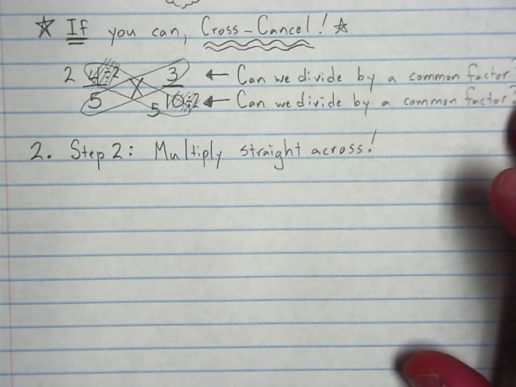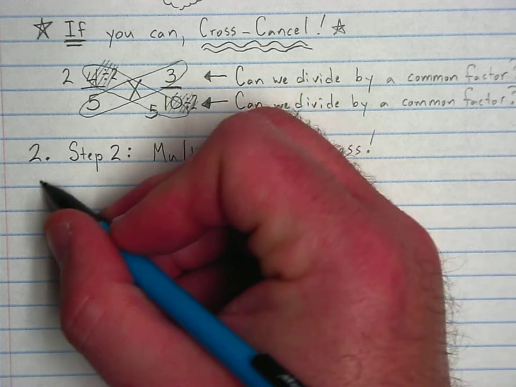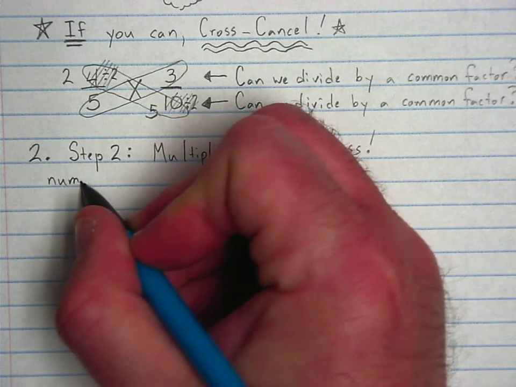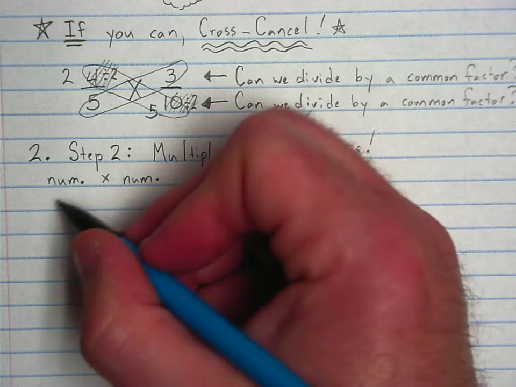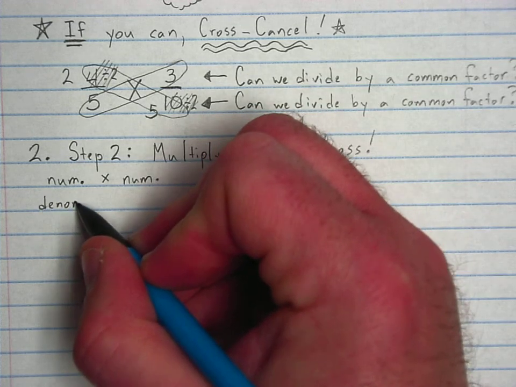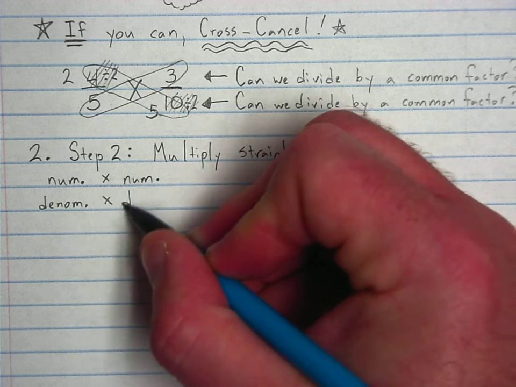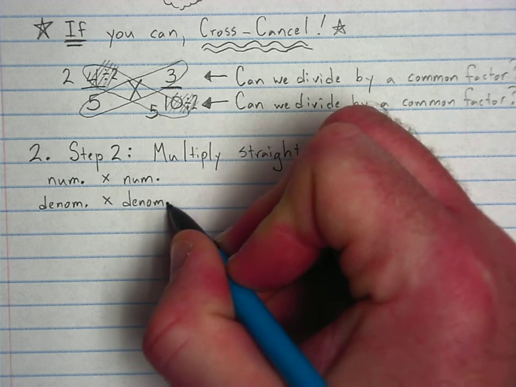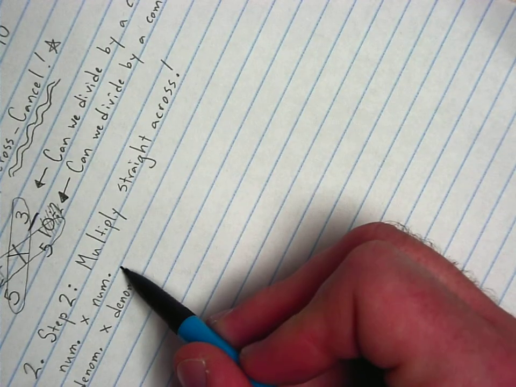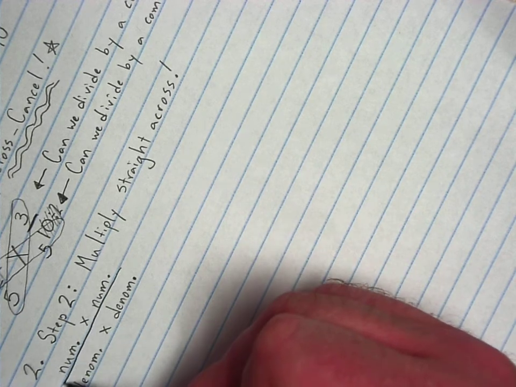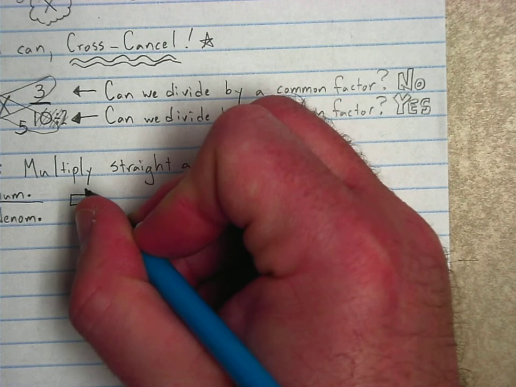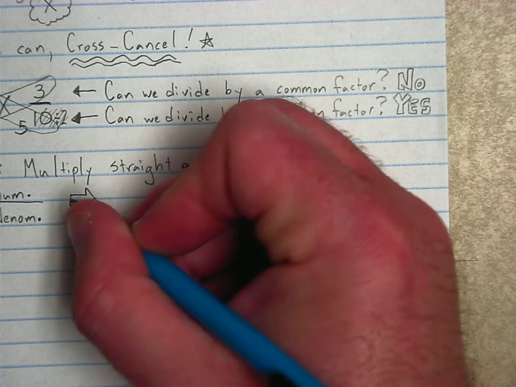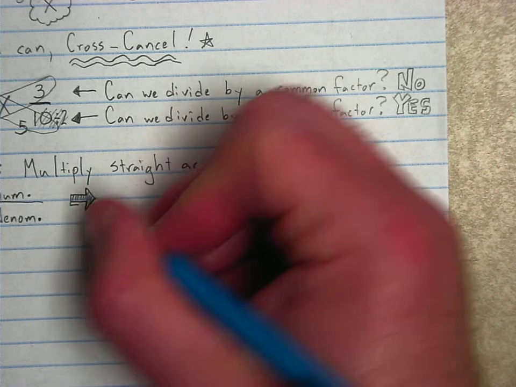Multiply straight across. Numerator times numerator, denominator times denominator. Now remember, we have new numbers. We did some cross-canceling.